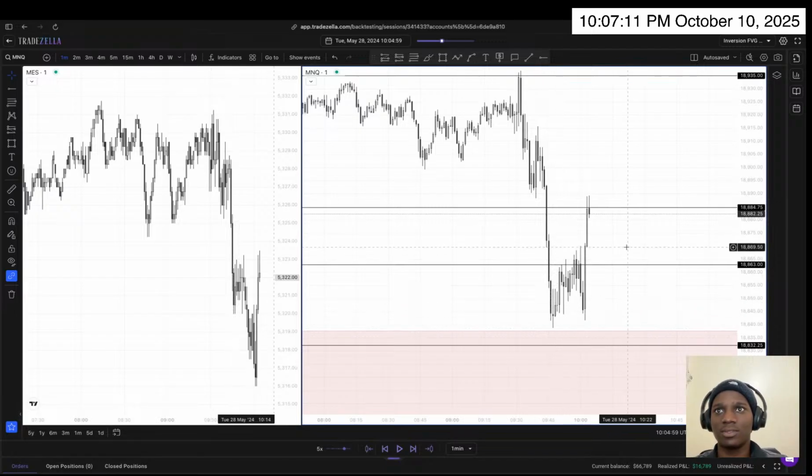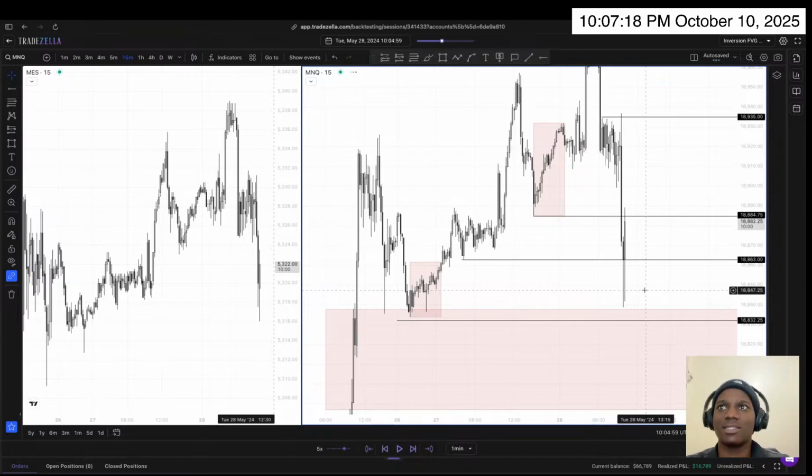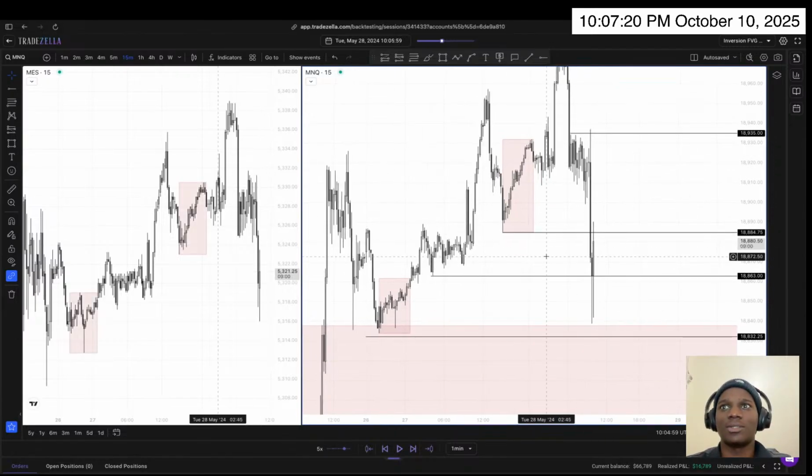Was this valid? I'm not gonna buy this, that it's gonna be bullish. Just a retracement here.